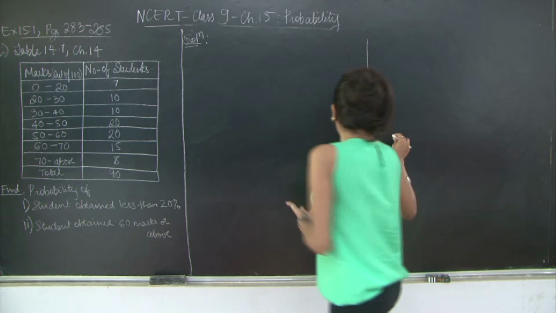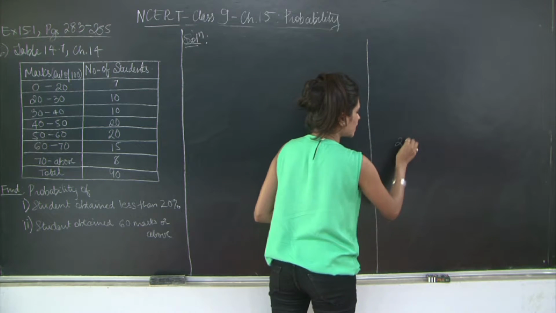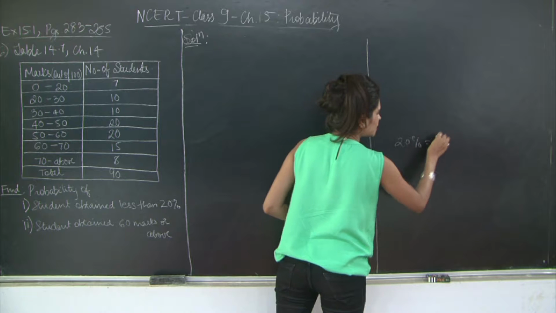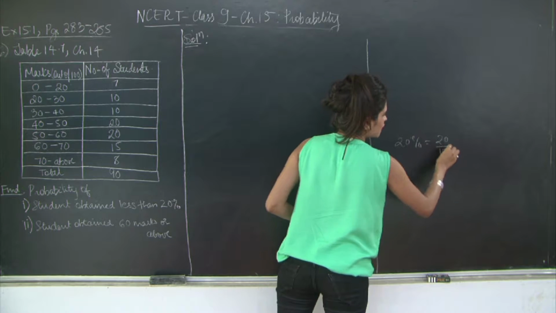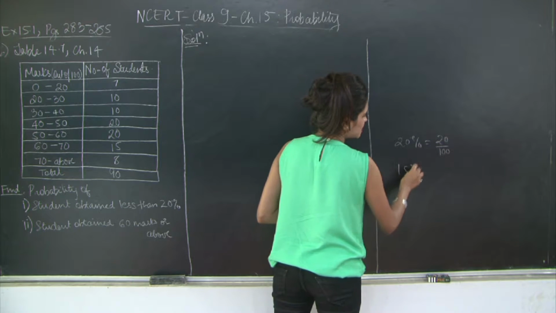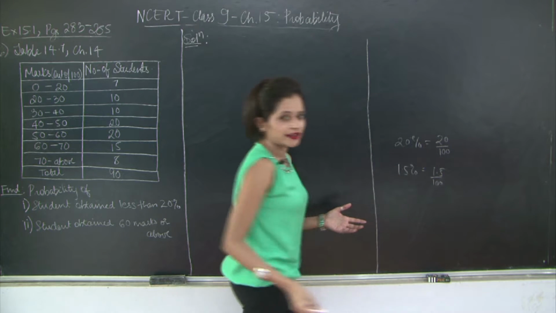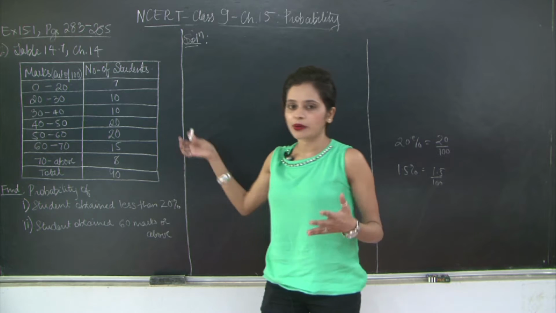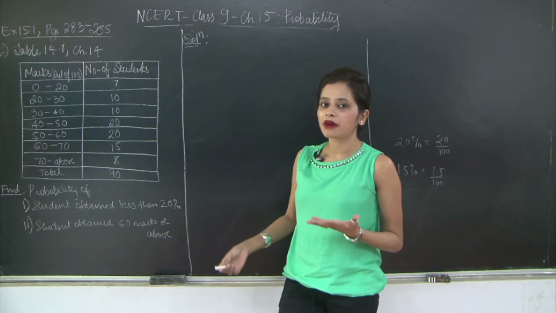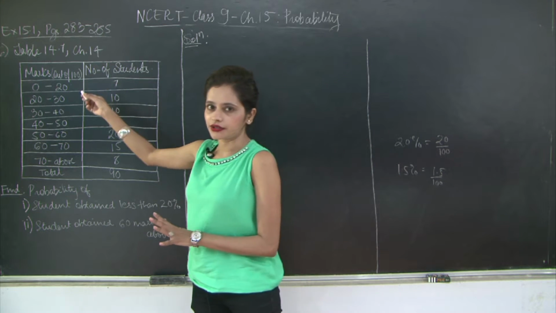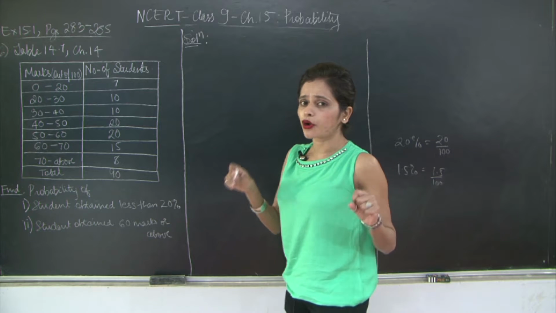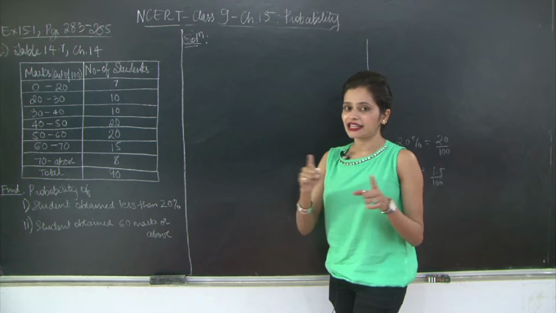Whenever you want to write 20%, it means 20 upon 100. What does 1.5% mean? It means 1.5 upon 100. So whether here you write 20 marks or 20% marks, it's the same thing because the marks are out of 100. Now we need to find the probability of the students and not the marks, right?